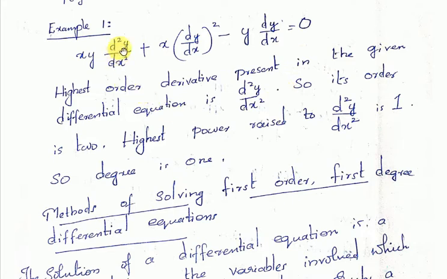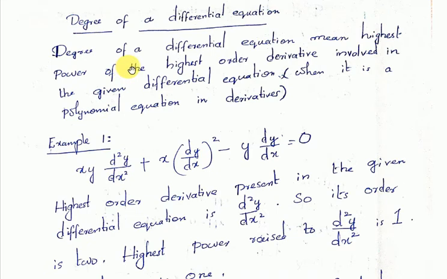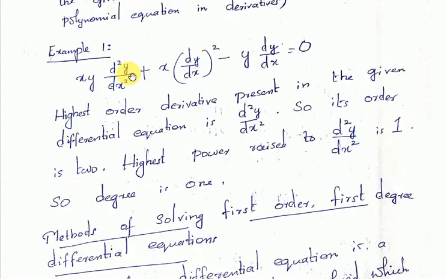See here, d square y by dx square is a second order derivative, and its power is 1. dy by dx is a first order derivative, and its whole power is 2. Here also dy by dx is a first order derivative and its power is 1. The degree of a differential equation is the highest power of the highest order derivative.